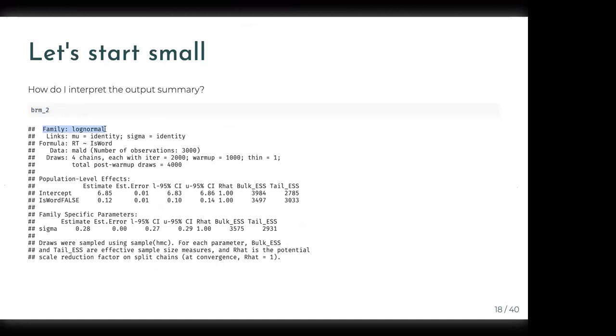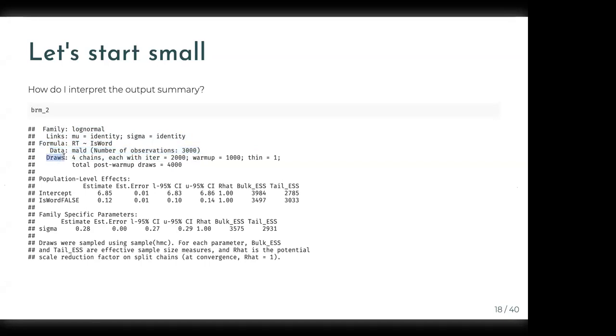The first thing tells you what family of probability distribution the model used. In this case, it was a log-normal family. And this is information about the link functions. If you know what they are, great. If you don't, doesn't matter. Then you have the formula, which is the formula that we used in the model, and the data. It says that there are 3,000 observations.